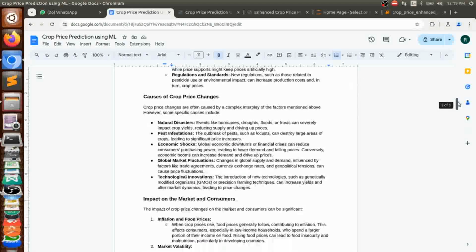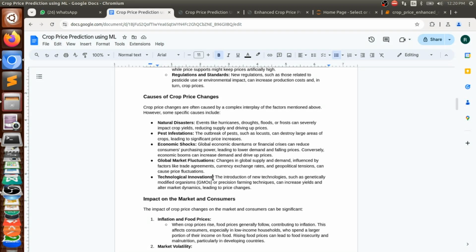What are the causes of crop price changes? Again, I mentioned all the things above, same things, just in a different way. Natural disasters, pest impact, economic shocks, that we discussed now, same thing will happen. Global market fluctuation, maybe due to policies, or maybe due to war, or like that.